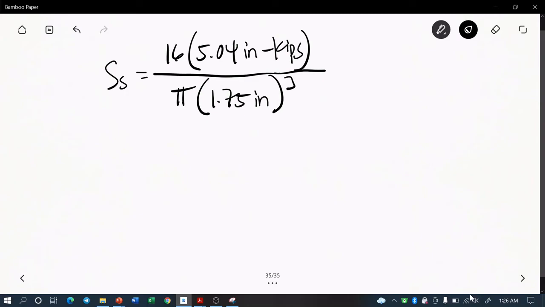So we should have a unit of the design stress in KSI. Kindly verify using a calculator. So we should have a design stress of 4.79 KSI. Okay, so we have 4.79 KSI of design stress.